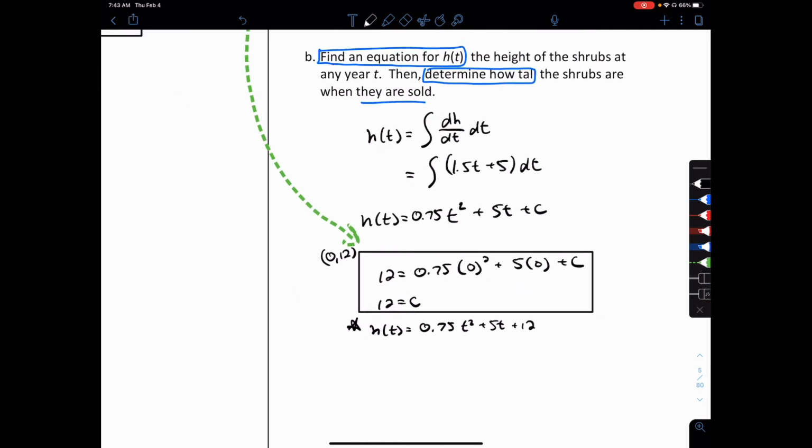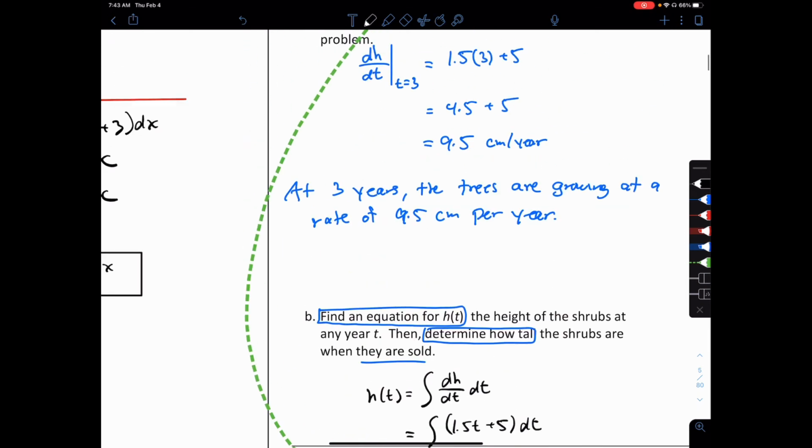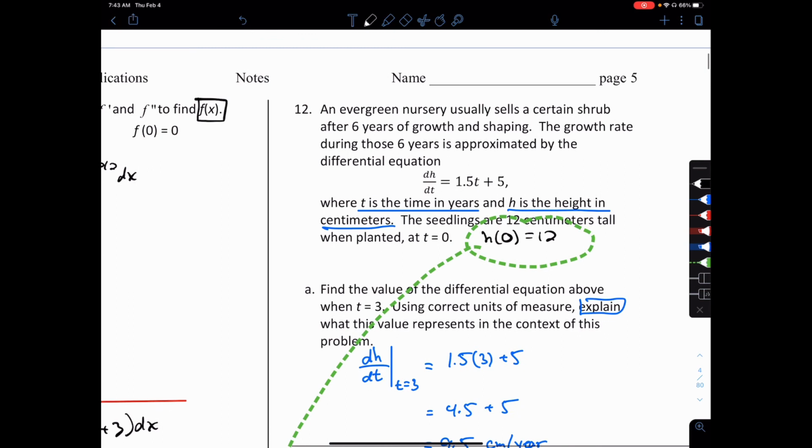The second question, how tall, that means solve for h, are the shrubs when they are sold? So when are they sold? Let's see. They sell the shrub at 6 years.